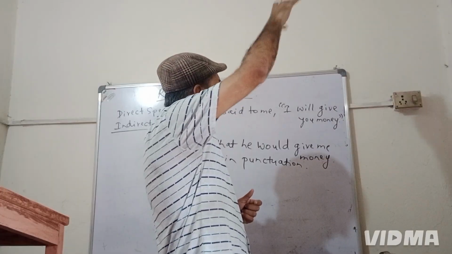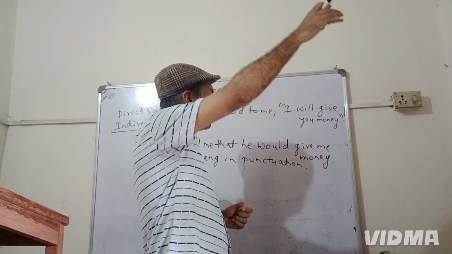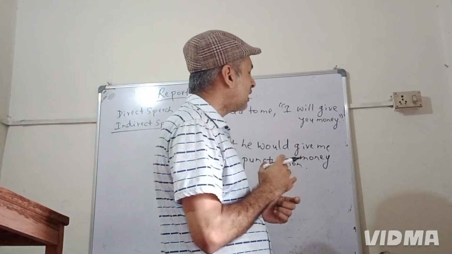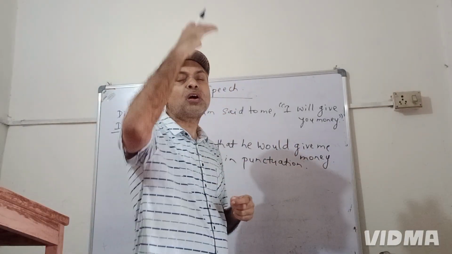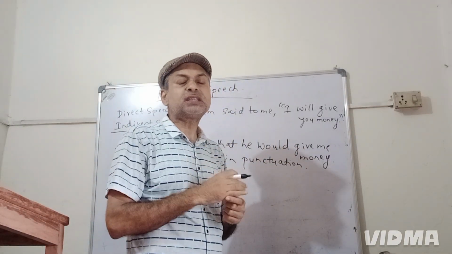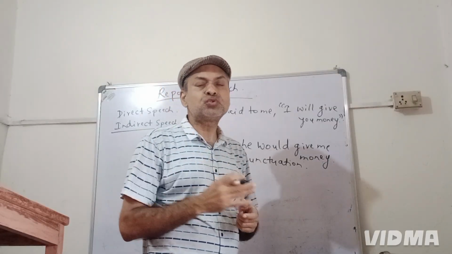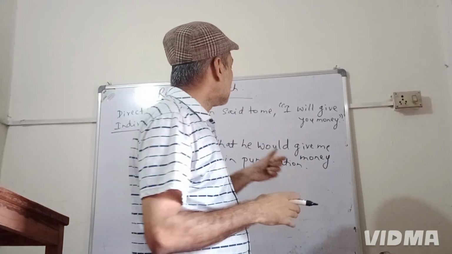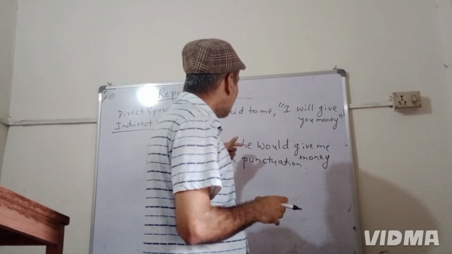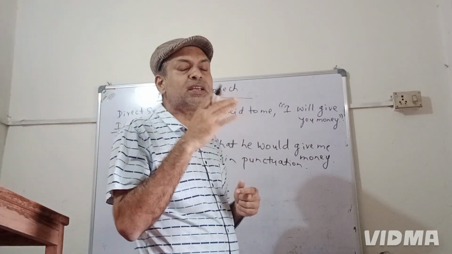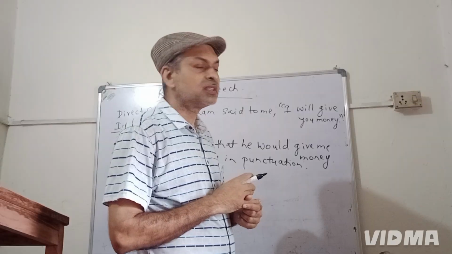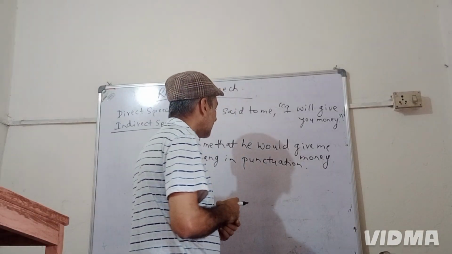Ram had told me sometime before that he would give me money. As this incident is of the past and I am reporting it after some time, it is known as indirect speech. Indirect means indirectly somebody is saying it to some other person. This is known as direct and indirect.